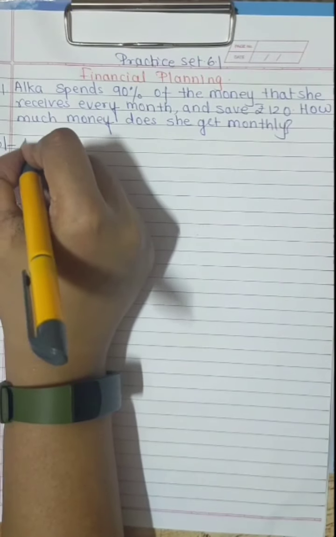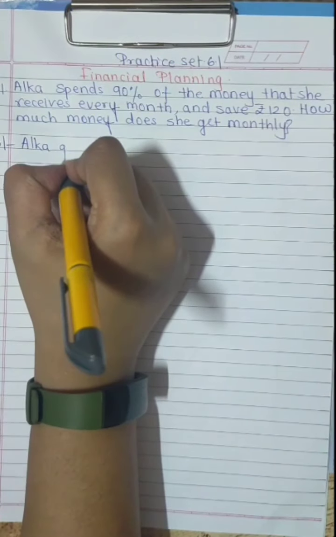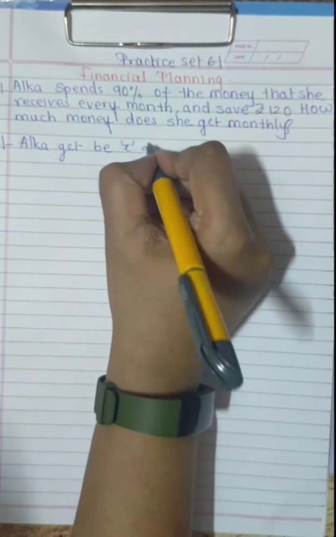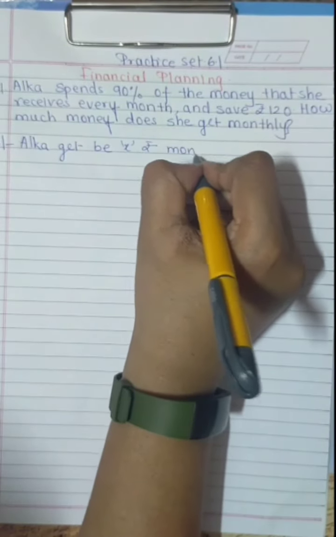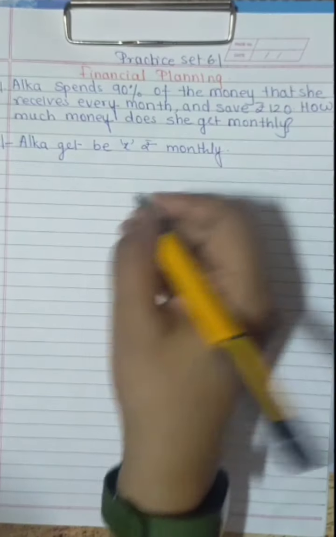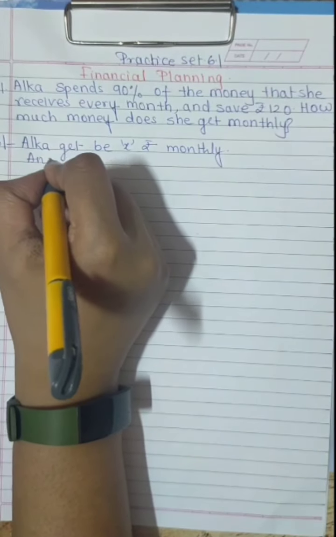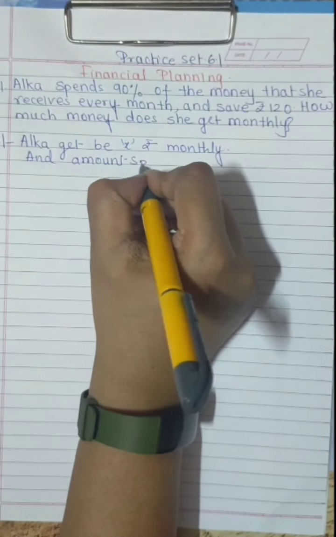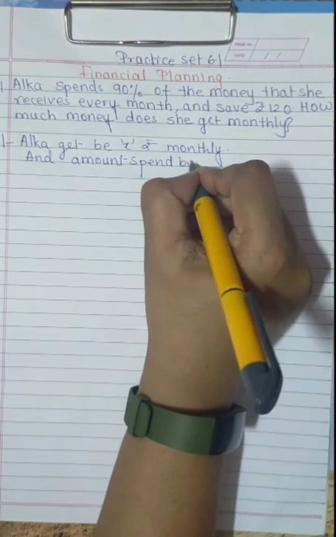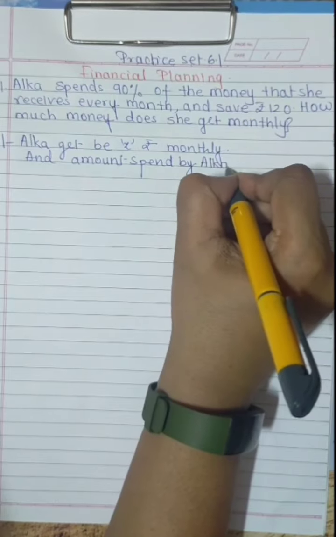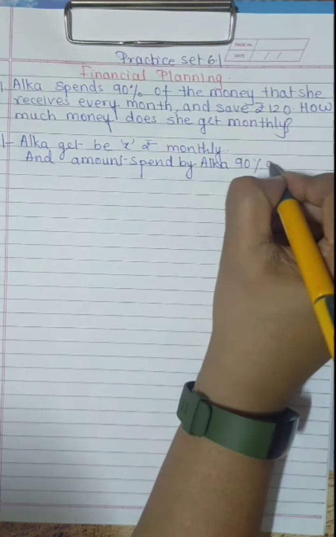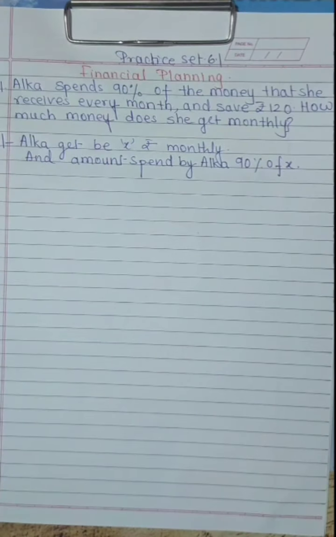Let Alka's monthly income be X rupees. We are assuming that she gets X rupees monthly, and the amount spent by Alka is 90% of X, means 90% of her salary she spent.